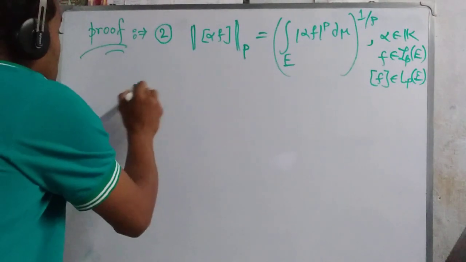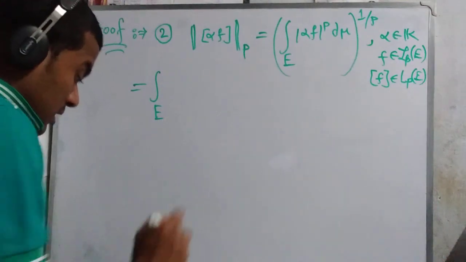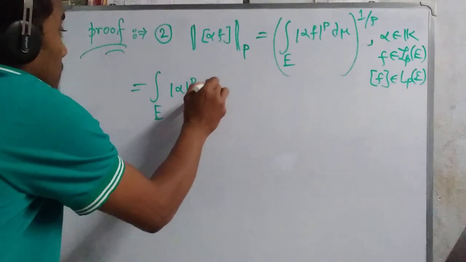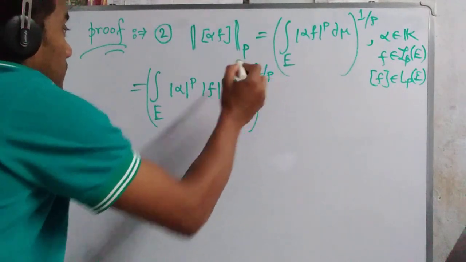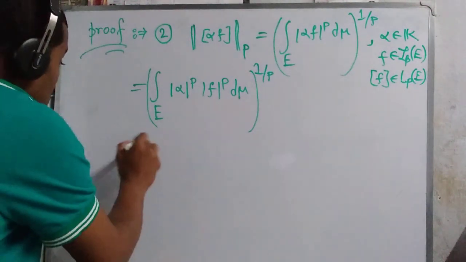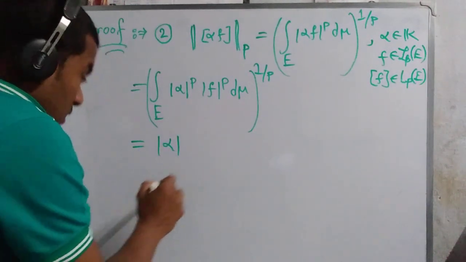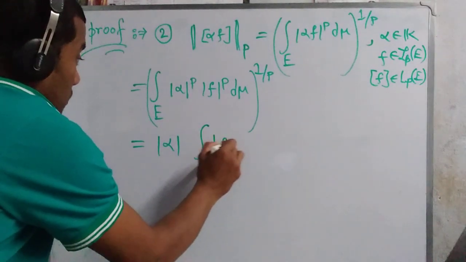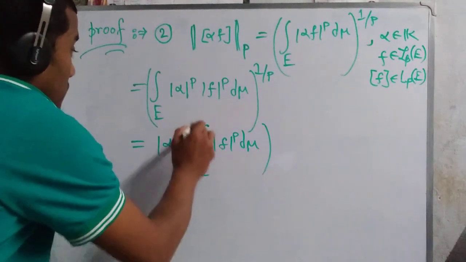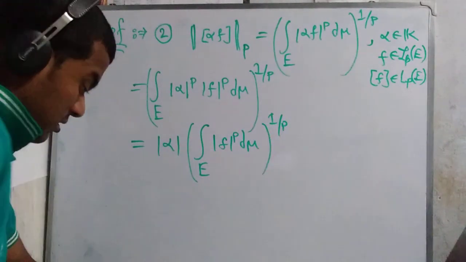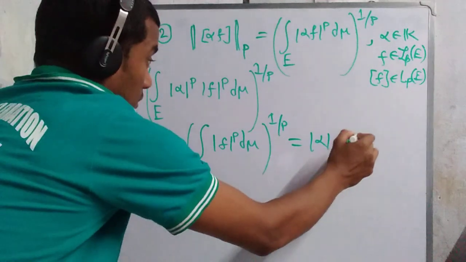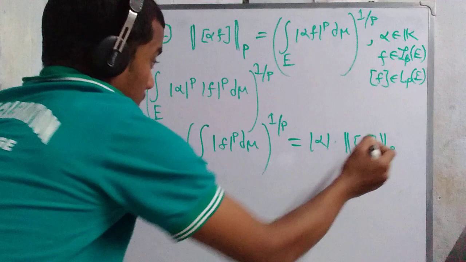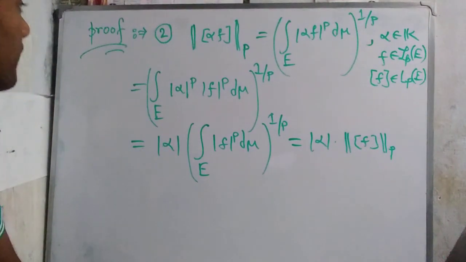Then this one equal to what? The integration over E of mod of alpha to the power p, mod of f to the power p d mu, whole to the power 1 by p, equal to mod of alpha times the integration over E of mod of f to the power p d mu, whole to the power 1 by p, equal to what? Mod of alpha times norm of f p. I think not a problem at all.